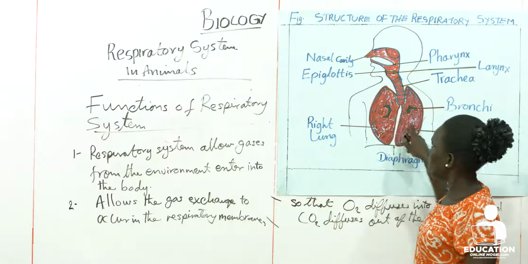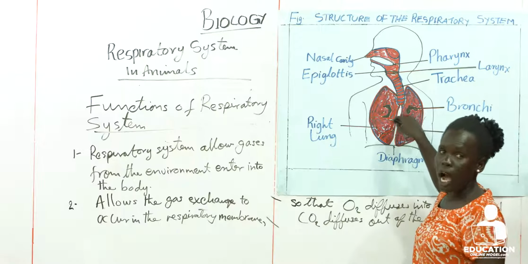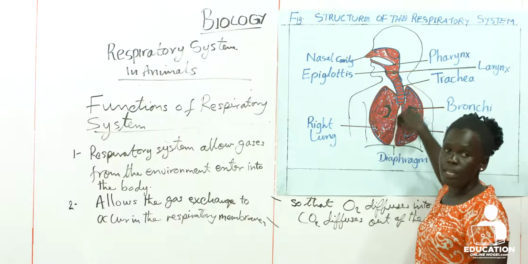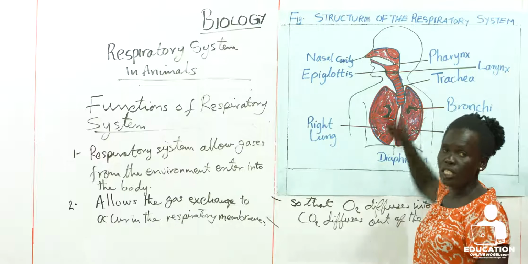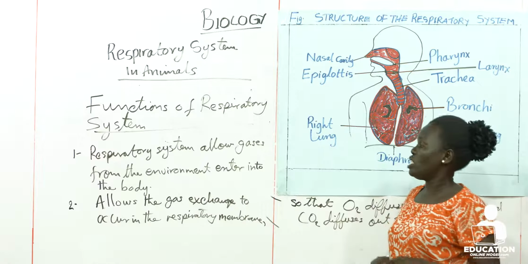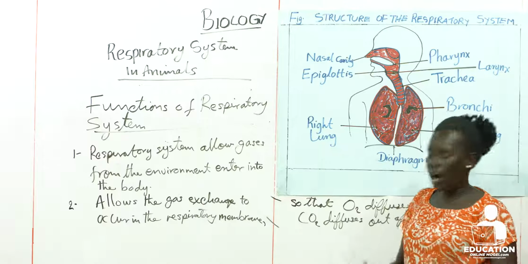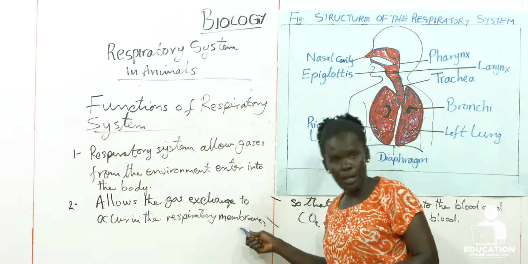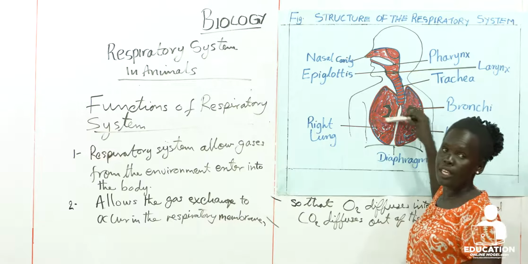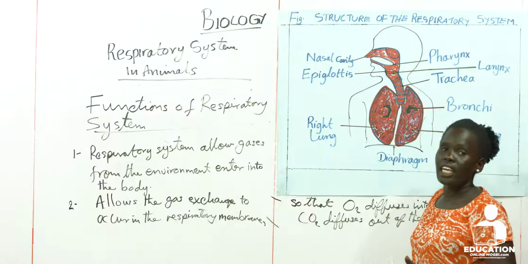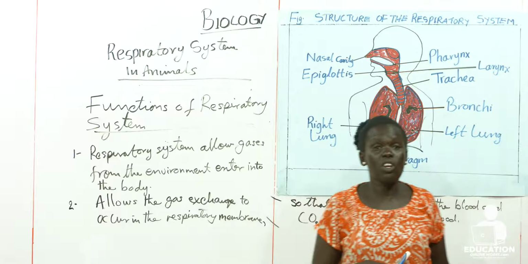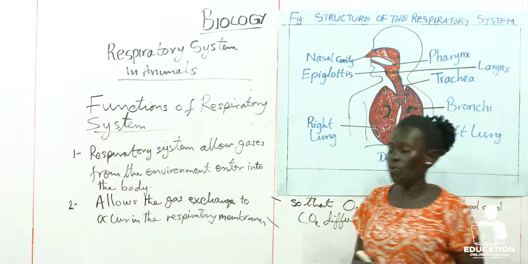Then it starts diffusing out of the blood to the lungs to be sent out. This is what is meant by our respiratory system allowing the gas exchange to occur in the respiratory membrane. Here there is a thin membrane within the lungs that facilitates gas exchange or eases the diffusion of the gases, carbon dioxide and oxygen.